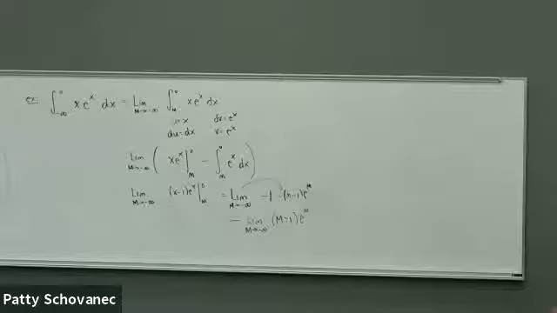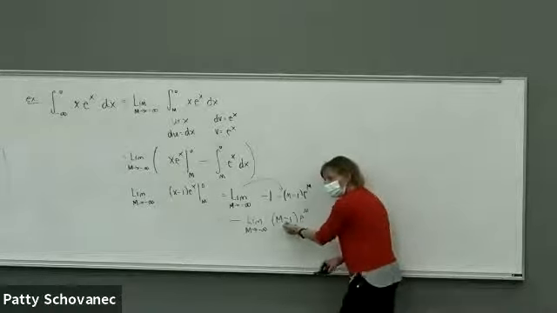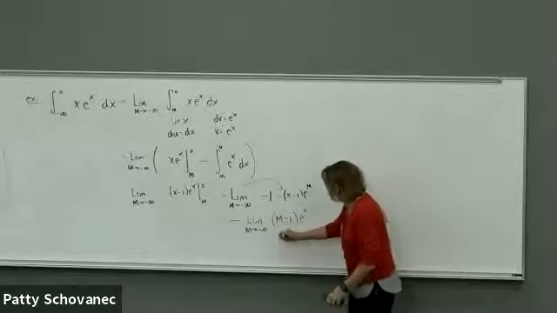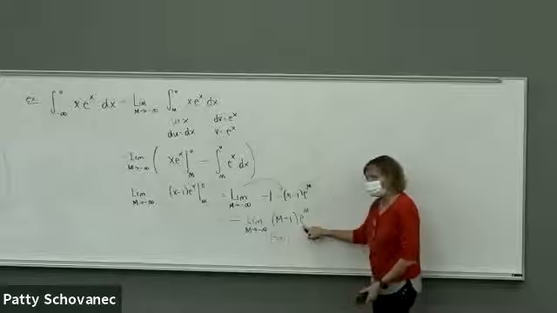Okay. Now m is going to minus infinity. So when I subtract 1, this first term still goes to minus infinity. What about the second term?